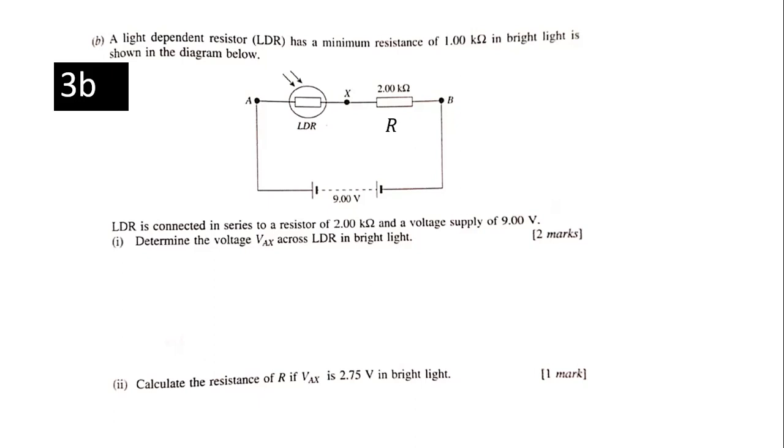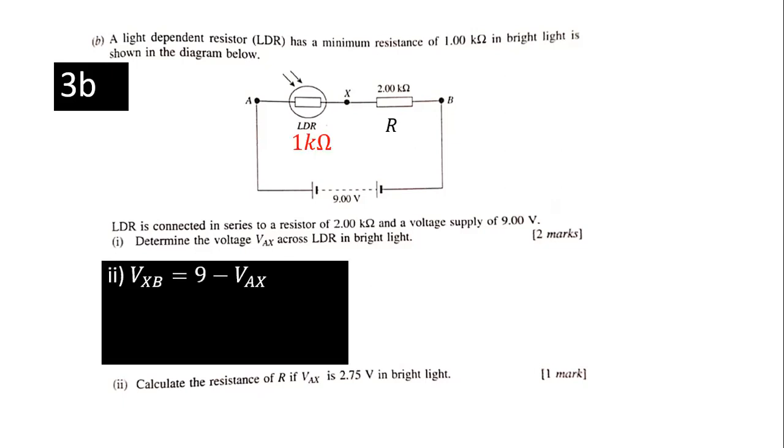Oh, they've done that already. Calculate the resistance R if Vx is 2.75 volt in bright light.